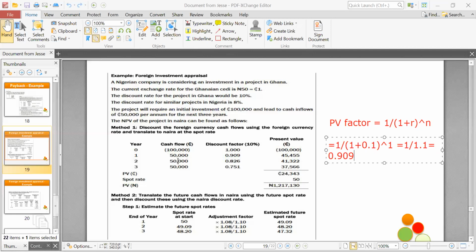Now you move on to year 2. That's a cash flow of 50,000. Same principle again. You look at the PV factor or the discount factor, which is 1 divided by 1.1 raised to the power 2.